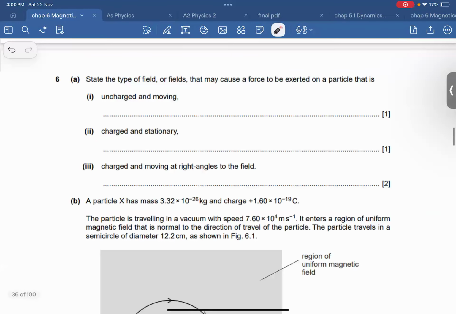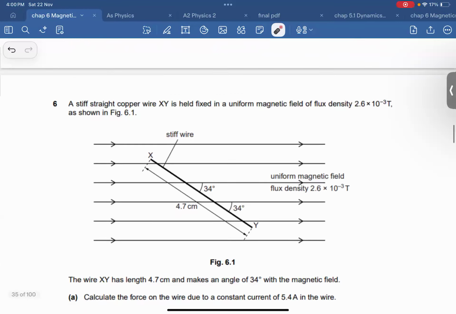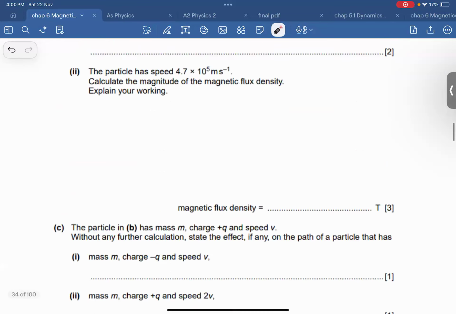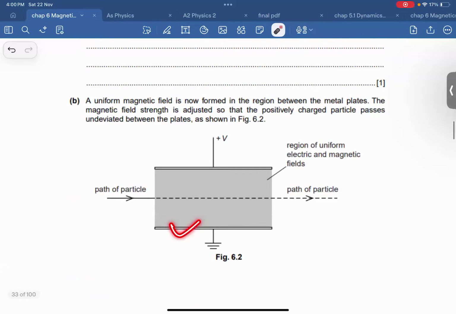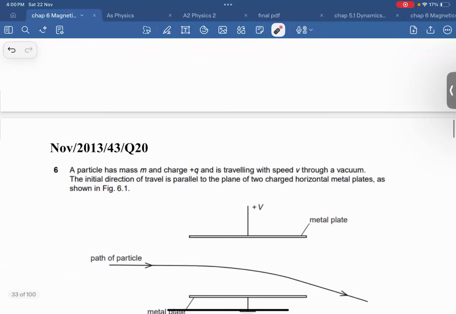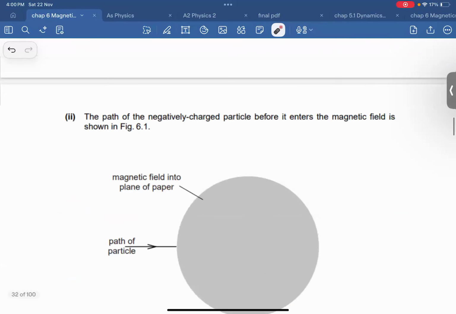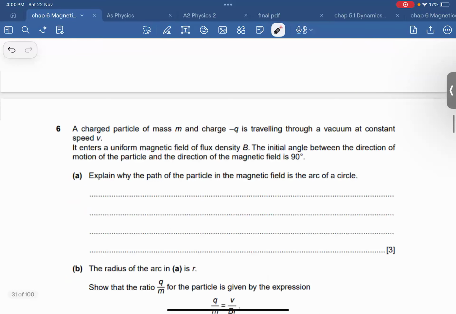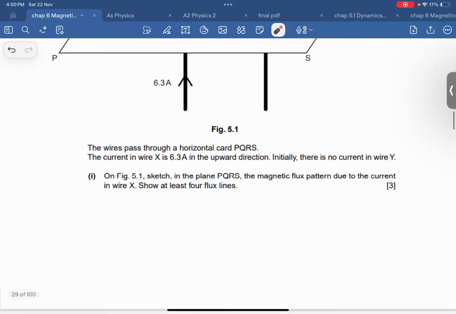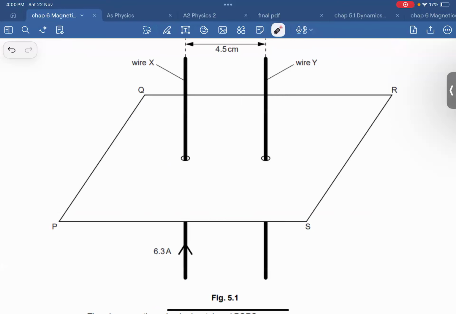So do this type of question. This one is also solvable. Try these questions before next week, and then after next week, inshallah, we will do the chapter on electromagnetism, and then we'll move on.